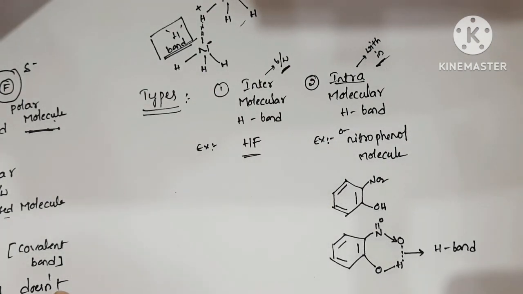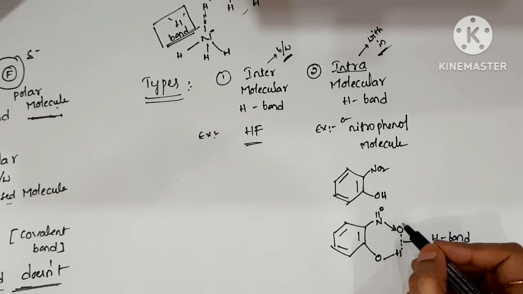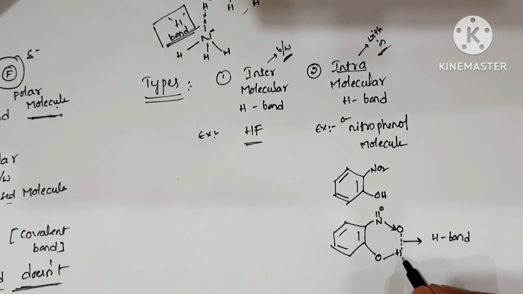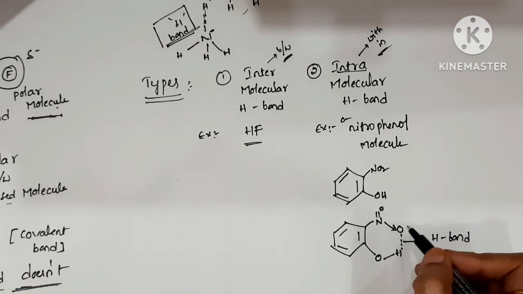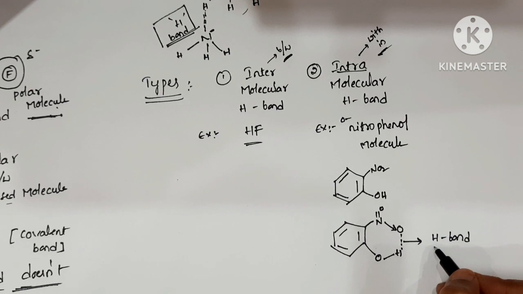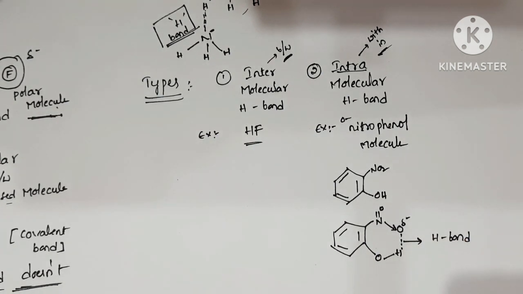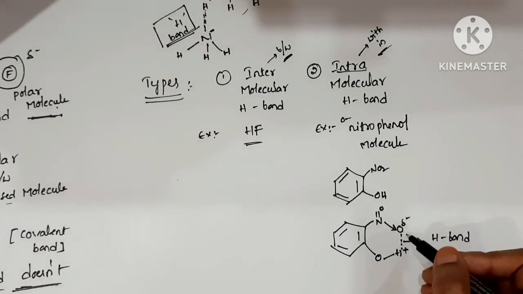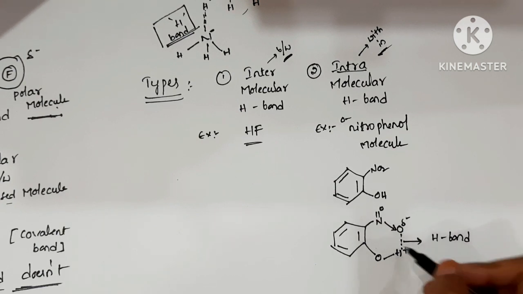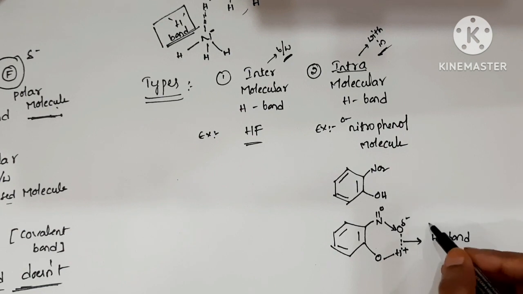Here the negative pole of the oxygen atom and the positive pole of the hydrogen atom, the attractive force between them, is the hydrogen bond.